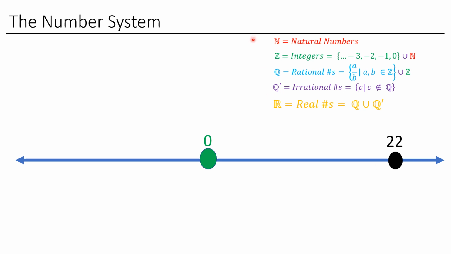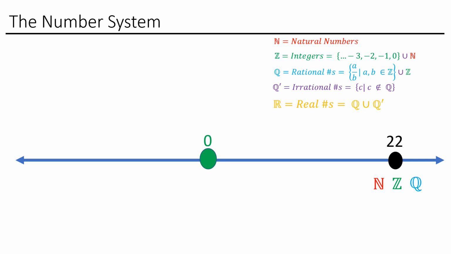So we know that 22 is a part of the natural numbers. It is also part of the integers, so it's going to belong to the Z. It will also be part of the rational numbers because 22 can always be put into a fraction over 1, so that will also be a rational number.